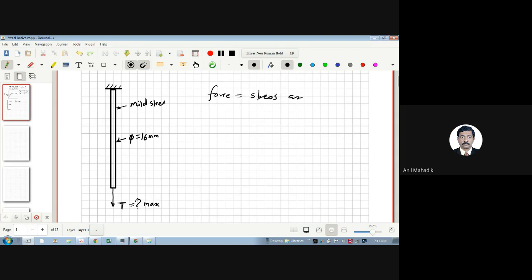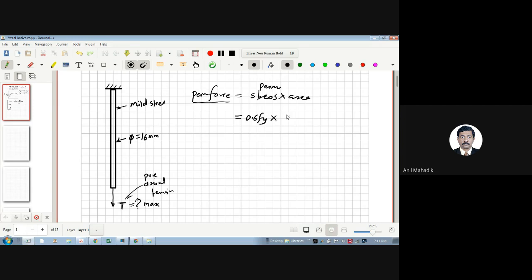If I want the permissible force, meaning the permissible tension this rod can take, I can calculate it by multiplying the permissible stress and area, right? The permissible stress is 0.6 Fy in axial tension, pure axial tension.